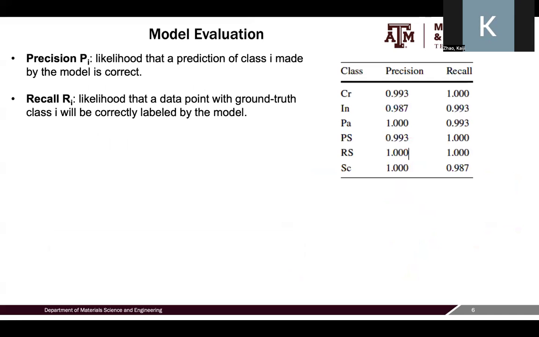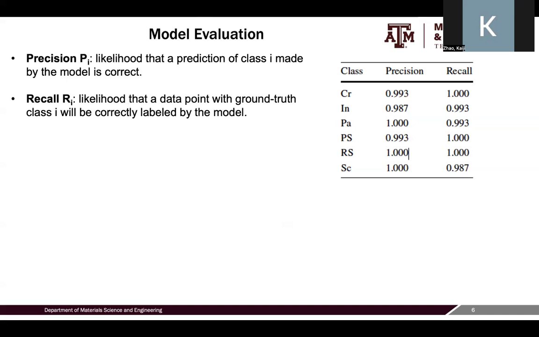Finally, let's discuss the model evaluation. When ground truth class labels are available, clustering algorithms can be assessed based on precision and recall. Precision for class i represents the likelihood that a prediction made by the model for class i is correct. Recall for class i represents the likelihood that a data point belonging to class i will be correctly classified by the model.